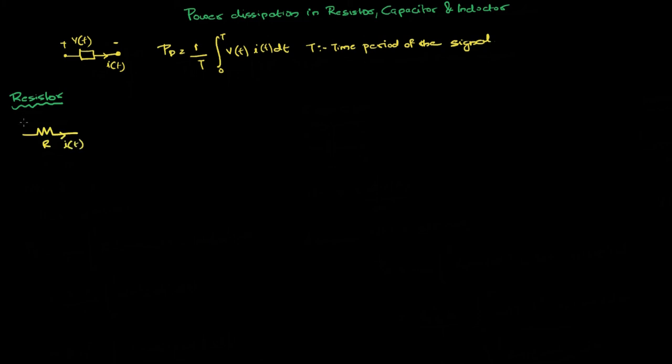Then the potential difference across the resistor, V of t, can be written as V of t equal to I of t into R. Now, suppose I of t equal to I0 sine of omega t, then V of t becomes the resistance multiplied by the current.